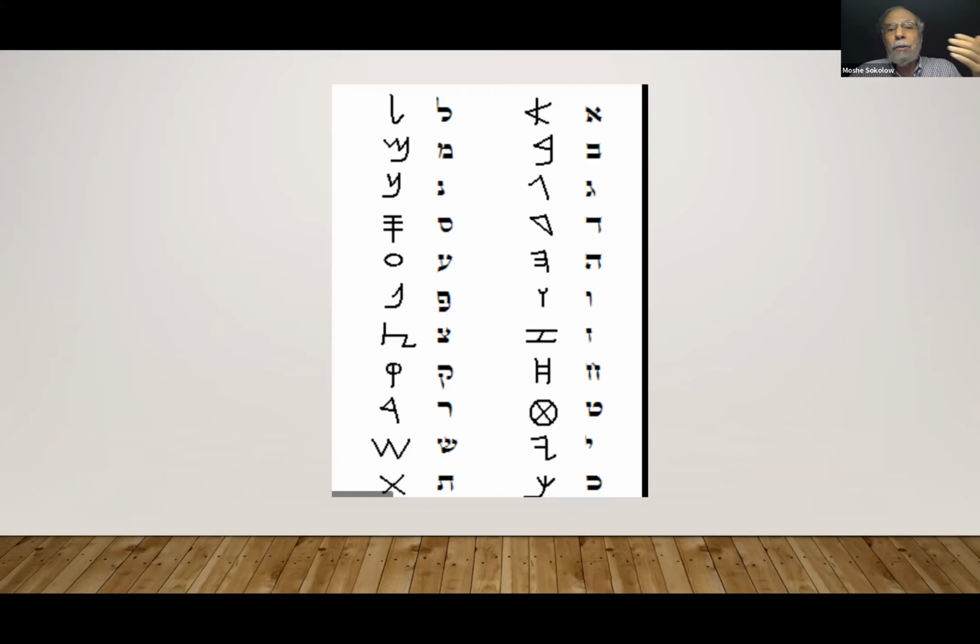For example, the first 6 letters all represent the homestead: Aleph, an ox that's found around the farm, Bet for the bayit, the house, Gimel for the gamal, the camel, Dalet for the delet, the door, etc. Another series starting at the bottom of the first column, the next to the last letter, the Yod and the Kaf and the Lamed having to do with parts of the hand and the arm, Mem from Mayim, water, Nun, the fish, etc. So, I'm sorry, Nun for Nachash and Samach for the fish.